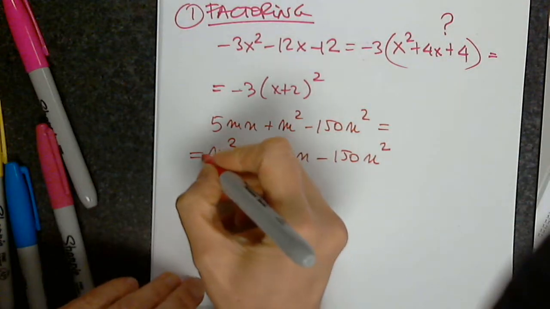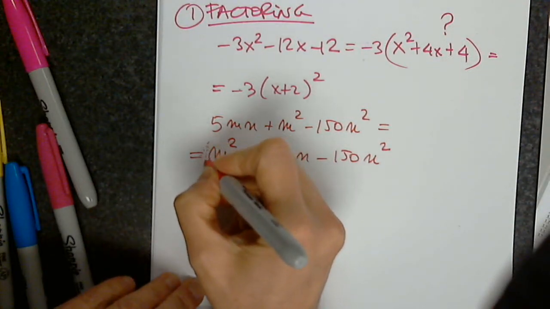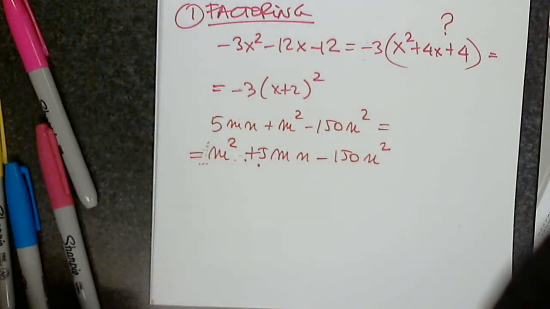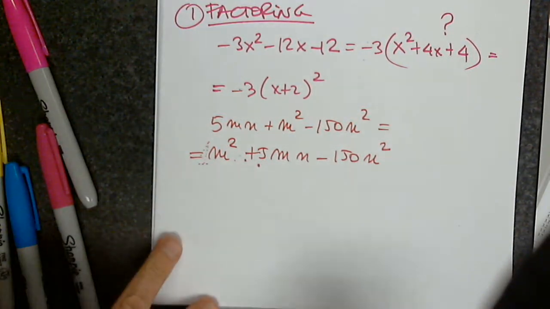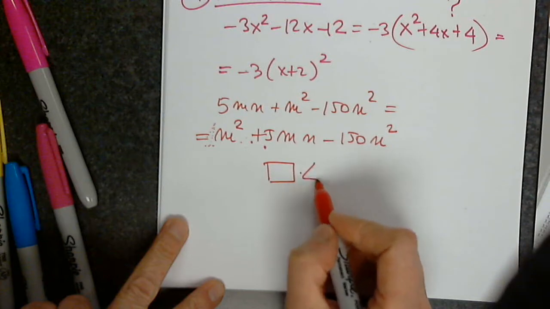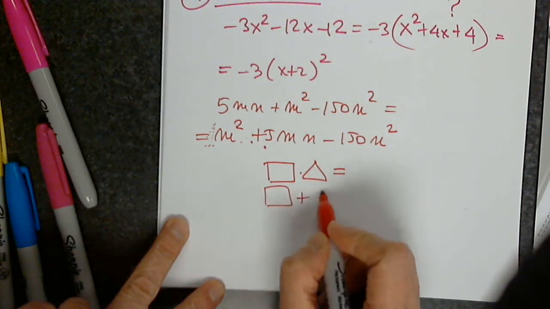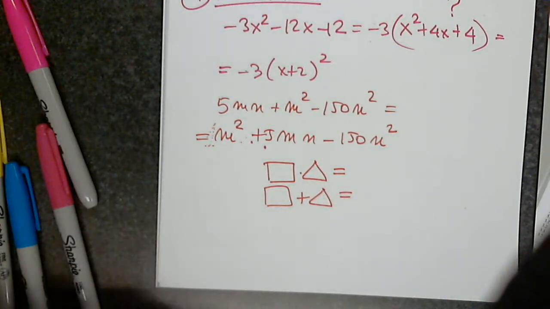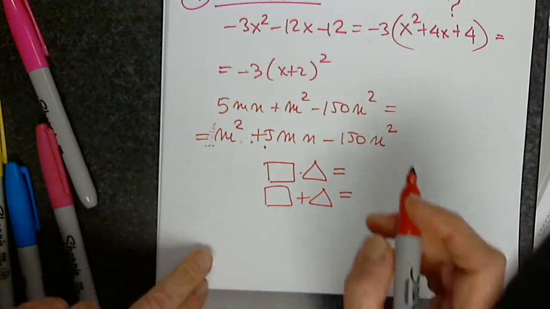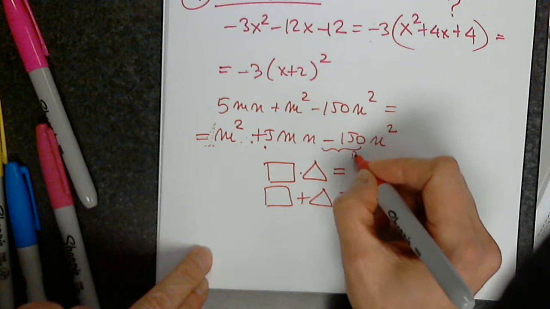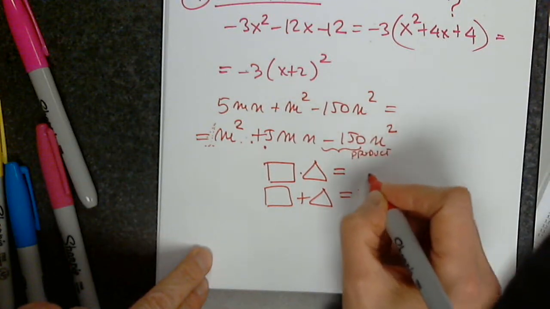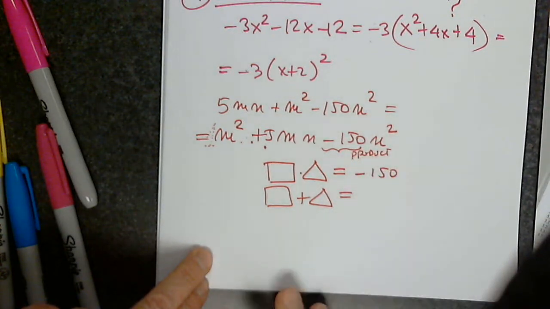And the reason why this is easier than the last one that we are going to look at is because the leading coefficient is 1. So right now we are looking for 2 numbers whose product is, and the same numbers whose sum is. The product is this, negative 150.